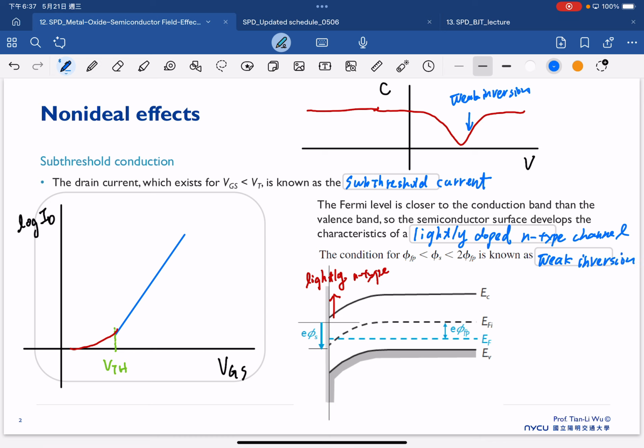So that's the first non-ideal effect that we should pay attention to. That means that even if you bias at a gate voltage below the threshold voltage, we might still see a small current conducting in your transistor. So that's the first non-ideal effect.